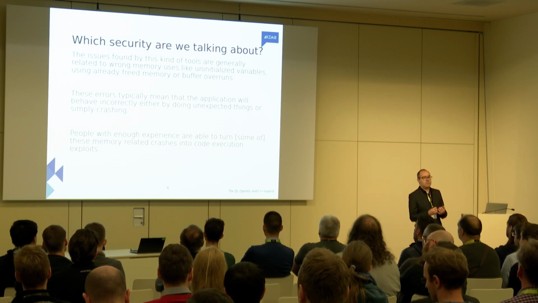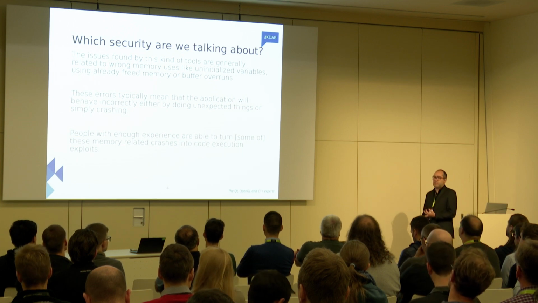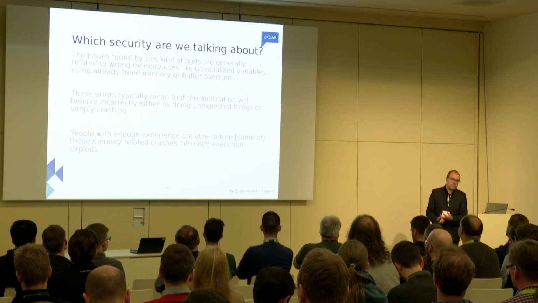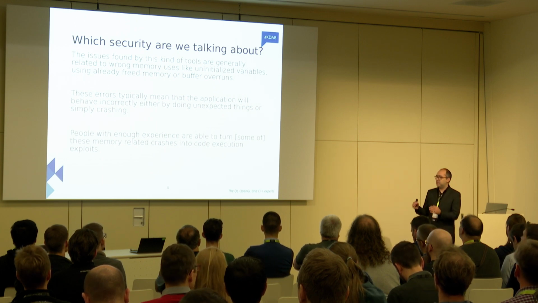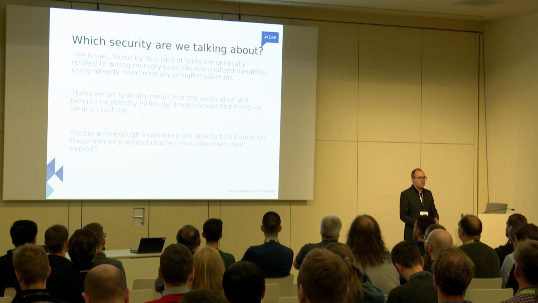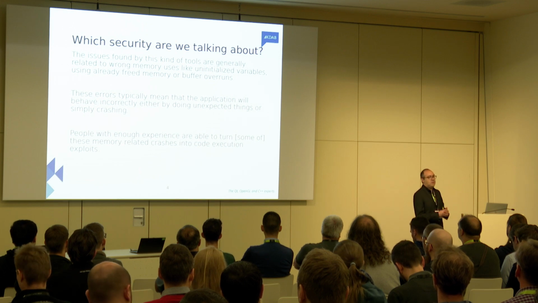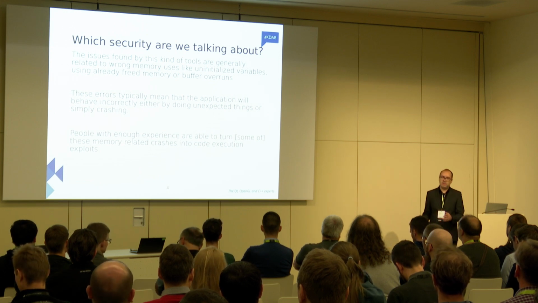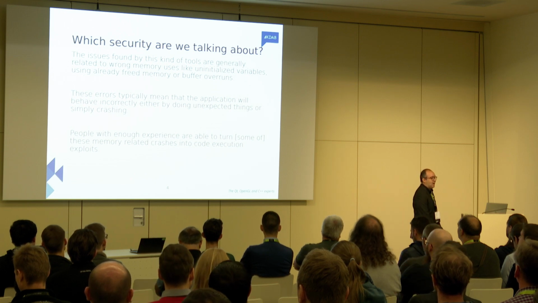So you have uninitialized variables, you are using memory that you already freed, you have a buffer overrun. These are all things that happen in C++. This talk is about C++. It would also apply to C. It's not for Python. If you do Python, or Rust, or Go, or JavaScript, these things don't apply, or sometimes apply, but it's not the focus of this talk.